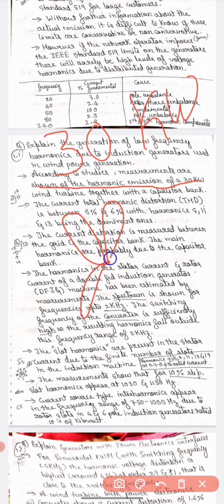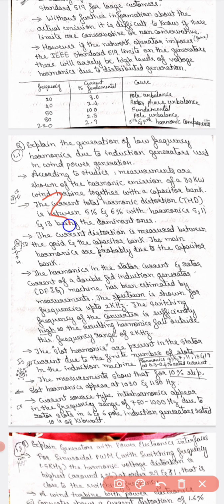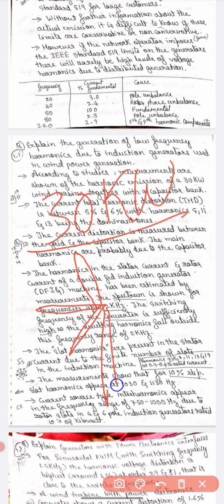They have taken a 30 kilowatt wind turbine together with a capacitor bank. Okay, example this is: a 30 kilowatt wind turbine together with a capacitor bank.